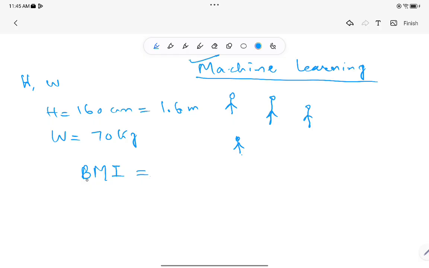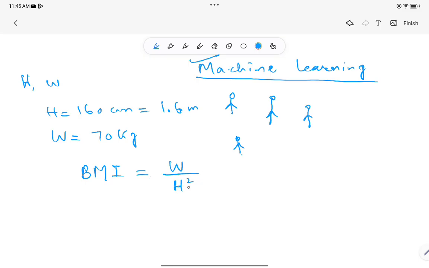Anyhow, that aspect is well taken care of by doctors. Let us take care of machine learning. BMI is calculated by dividing weight by height squared.